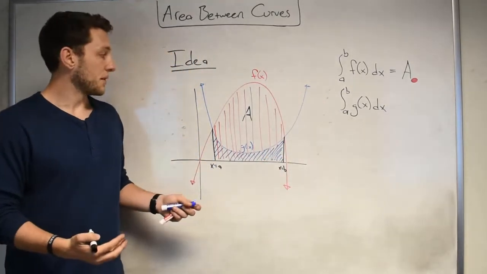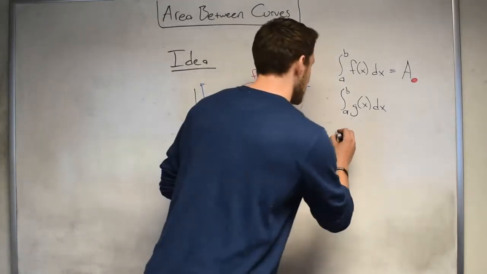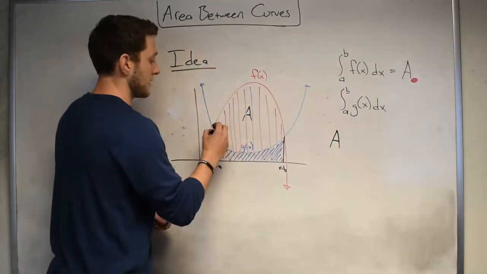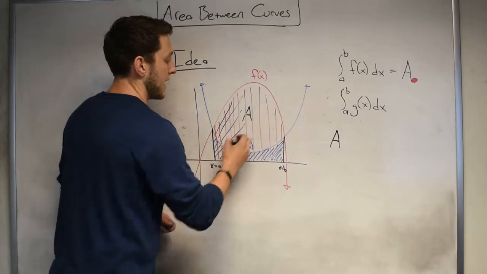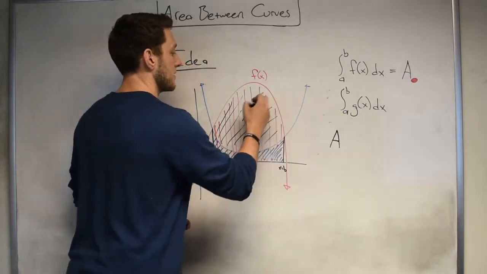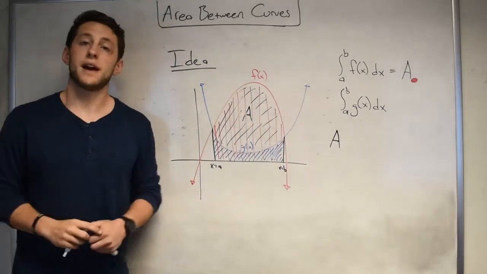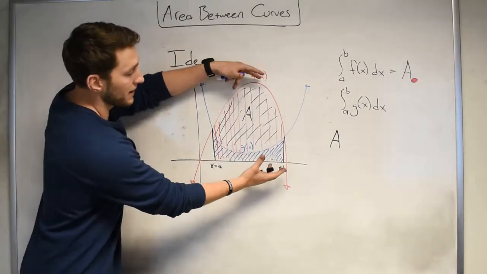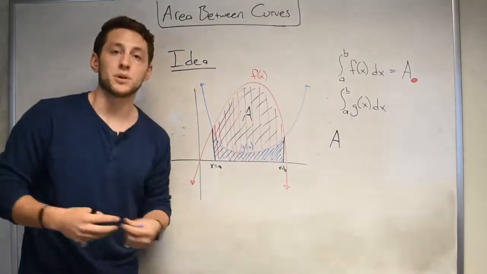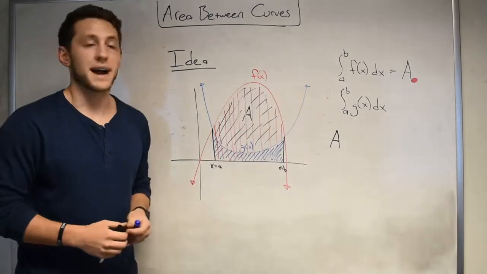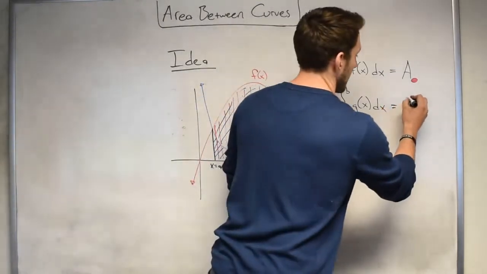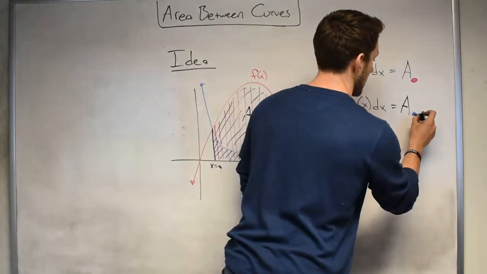Now notice the following. If I want to find my total area, as in this area highlighted in black, I know my picture's getting crazy, all I have to do is take the total area and subtract off this blue portion of it. But we know exactly what the total area is and the blue portion is.